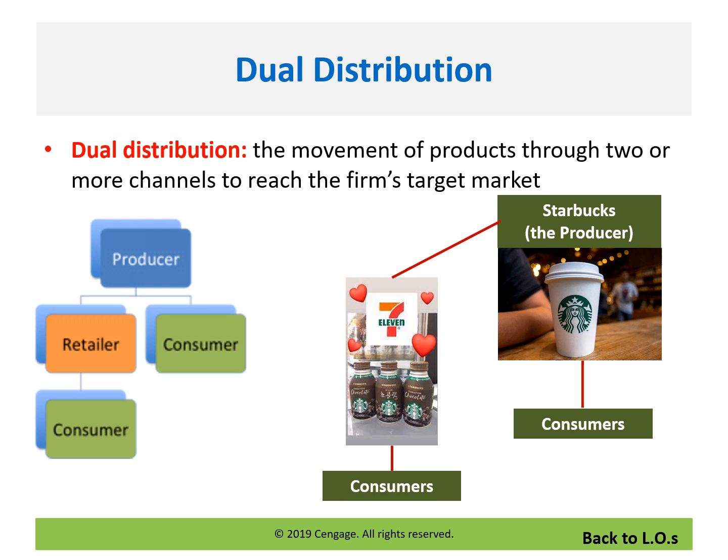So a producer can have the option to sell through a retailer, and then consumers can purchase the product from the retailer. Or the producer also sells direct to the consumer. For example, Starbucks is a producer of coffee which the consumer can directly purchase from the many Starbucks cafes found in several areas. At the same time, Starbucks also displays its products to retailers like 7-Eleven, from which the consumers can also purchase.